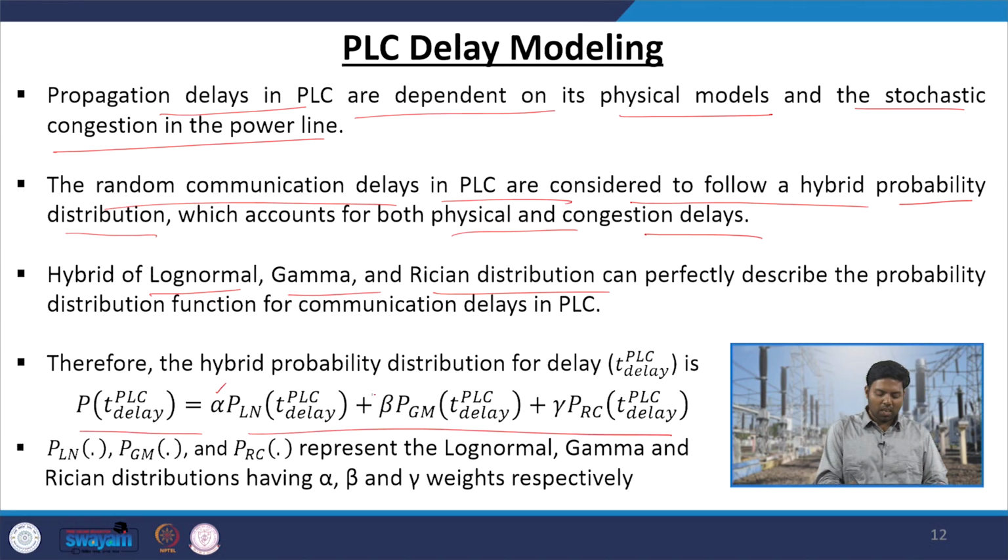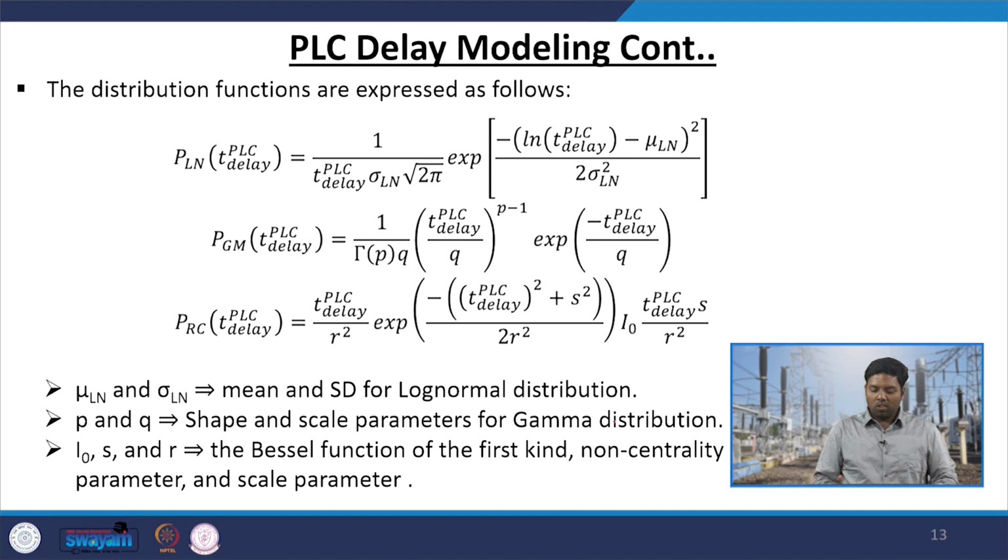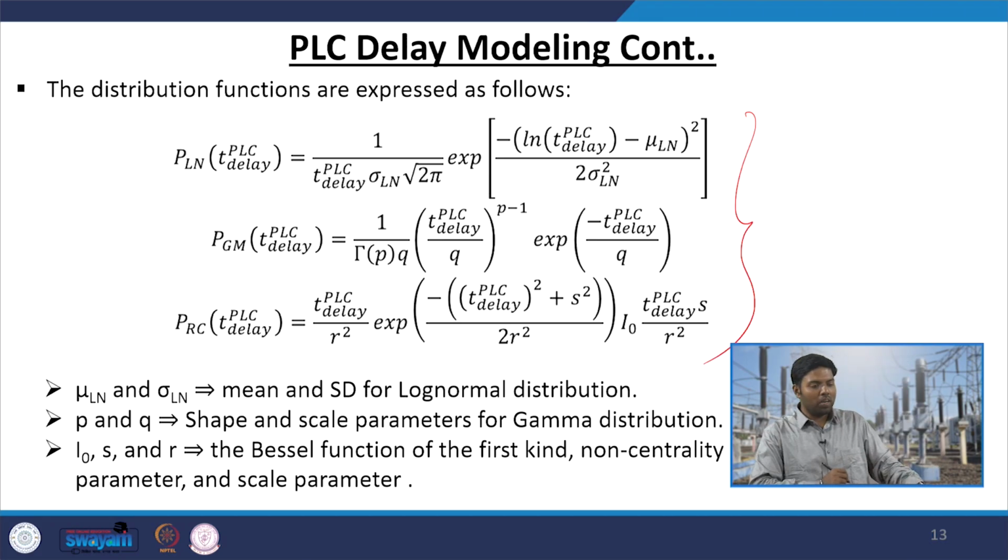Alpha, beta, gamma are the weights for the individual probability density functions, and this is your log-normal, this is your gamma, this is your Rician distribution. So these are the actual distribution functions. If you add them together with alpha, beta, gamma multiplied with them, then you will get the actual probability density function for your PLC delay.